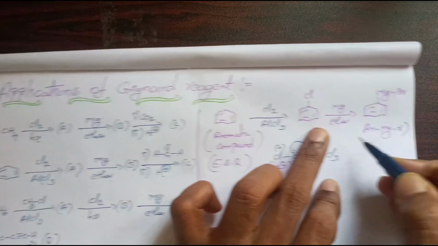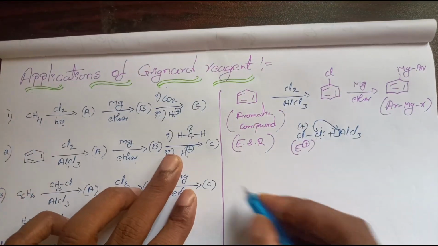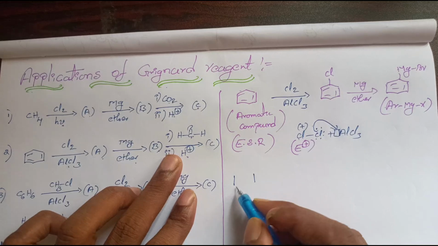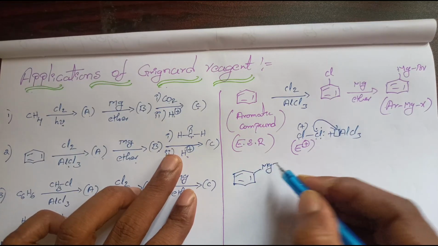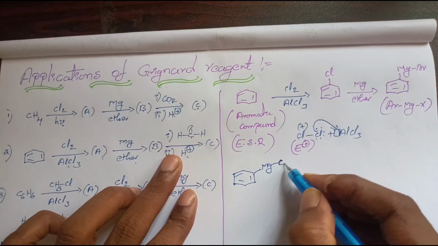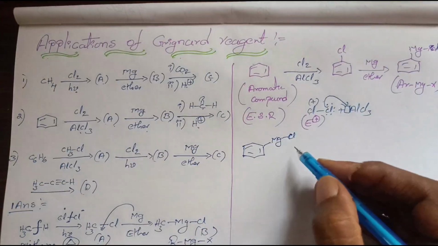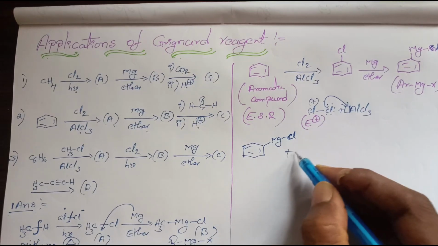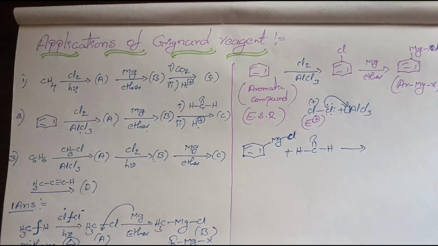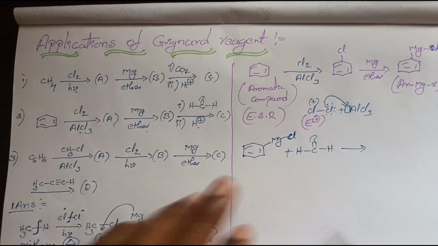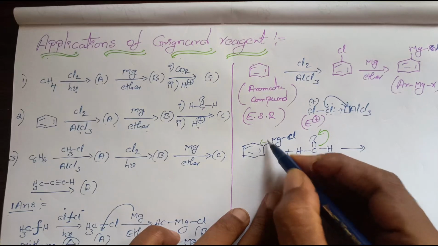This is nothing but ArMgX. Sorry, this is ArMgCl, with chlorine. Now ArMgCl reacts with formaldehyde, HCHO. In formaldehyde the carbon is an electrophilic carbon. The bonding electrons shift to the oxygen side, giving the negative charge.